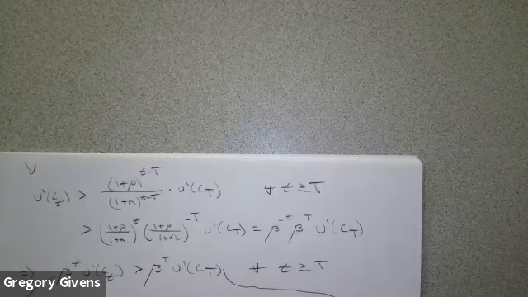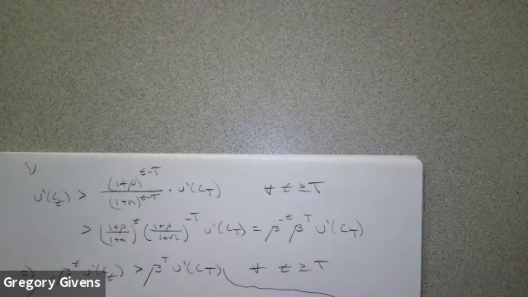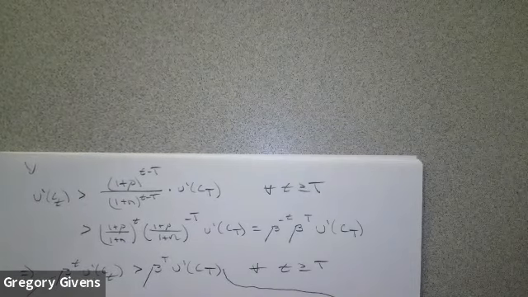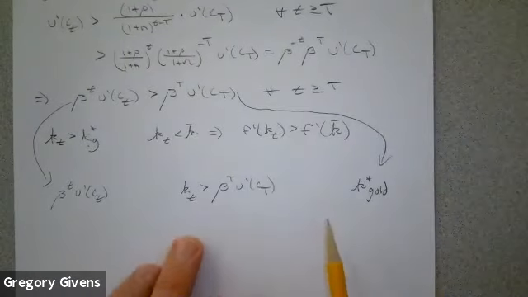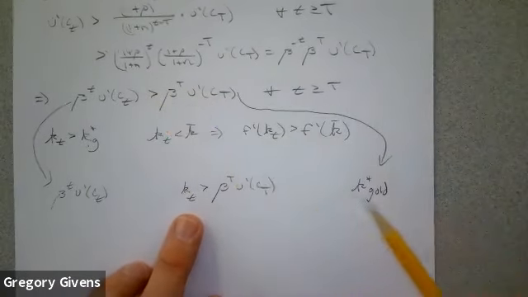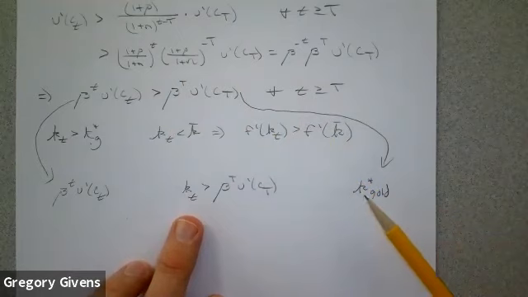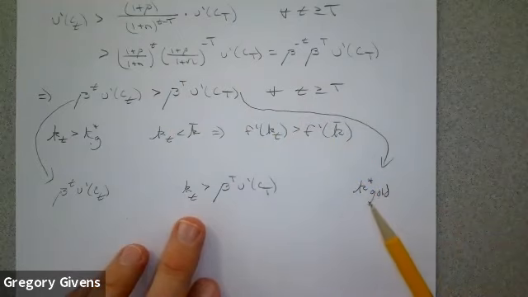That has to be bigger than the right-hand side multiplied by k star gold, right? If I multiply the left-hand side here by k_t and the right-hand side by k gold, the inequality still holds, right? Because k_t is bigger than k gold.